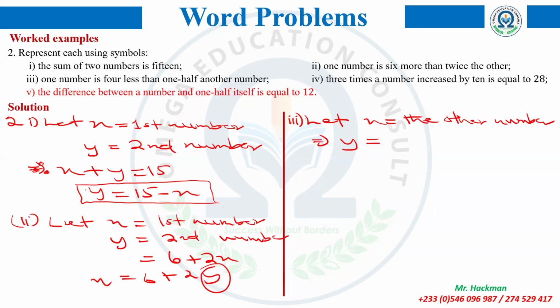So y indirectly is the number that I'm looking for, not the other number. Is that okay? The number whose relationship with the other number is known. I hope you are with me.